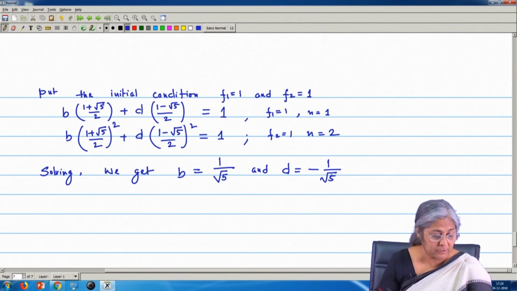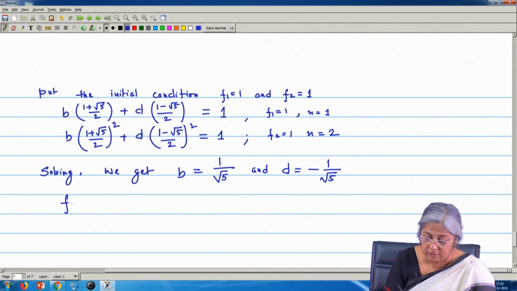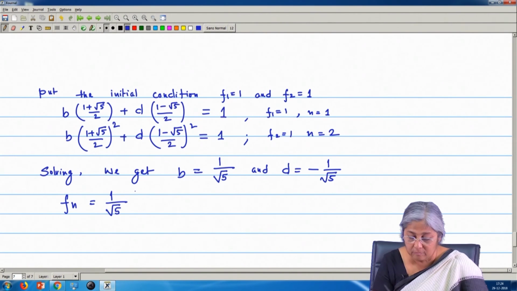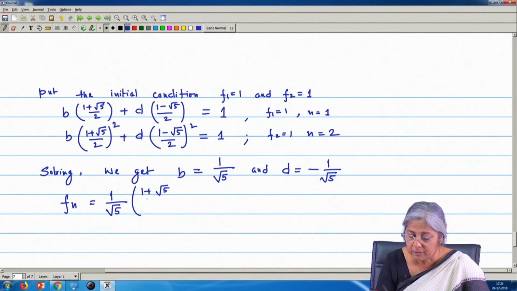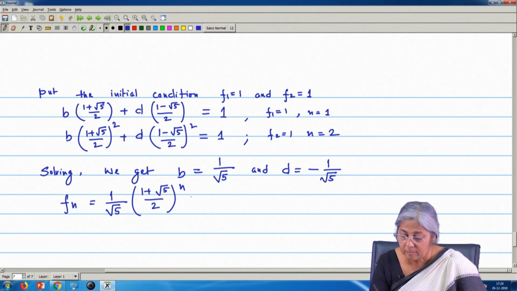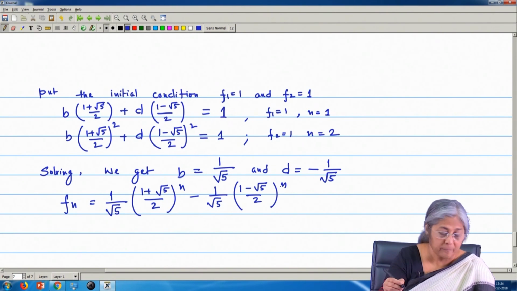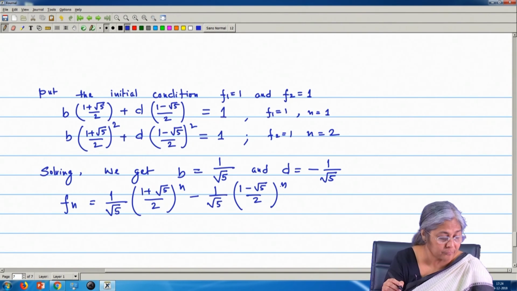So, I can write f n equal to 1 by root 5 into 1 plus root 5 by 2 to the power n minus 1 by root 5 into 1 minus root 5 by 2 to the power n. So, this is my solution.